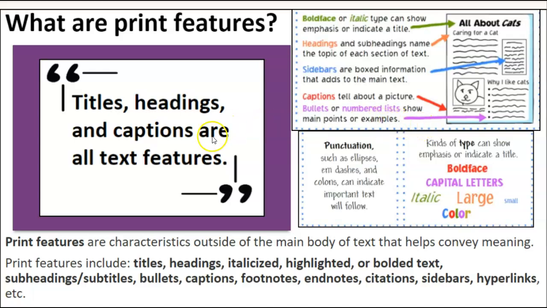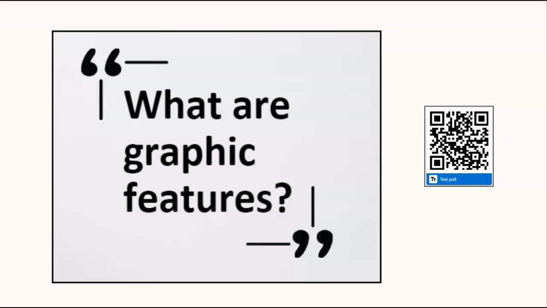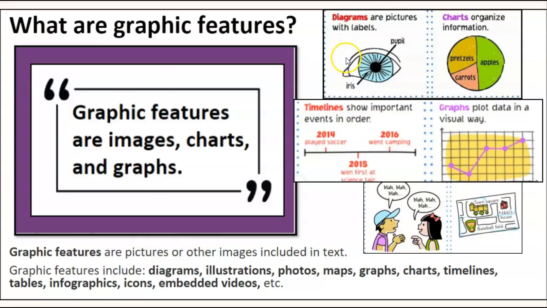Okay, so if those are print features, I bet the next one's a little bit easier. What are graphic features? We included a lot of things in that last one, but not graphics. So graphic features are going to be images, right? Charts, graphs, those sorts of things.